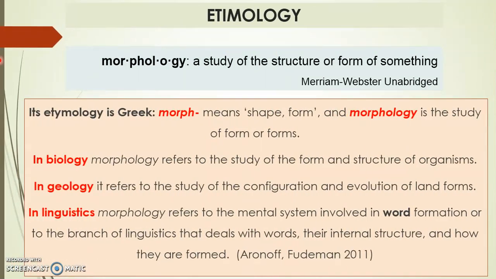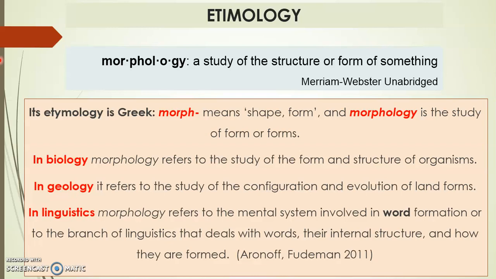I was looking at the etymology of the word morphology, which is the study of structure or form of something. It comes from Greek. Morph means shape, form. And morphology is the study of form or forms.